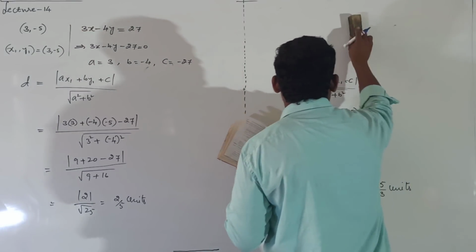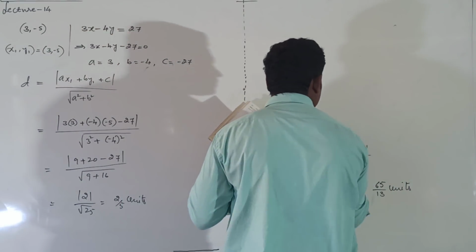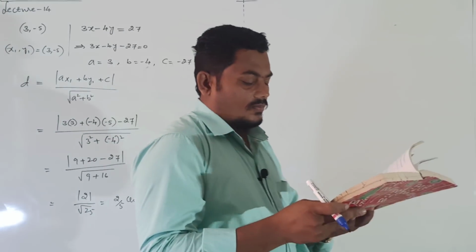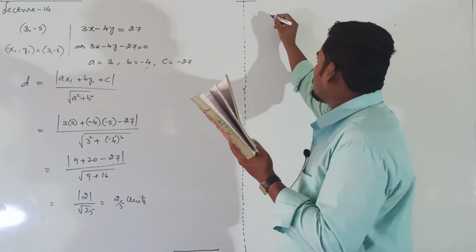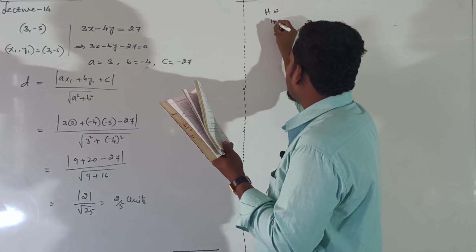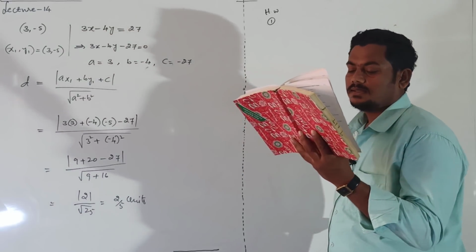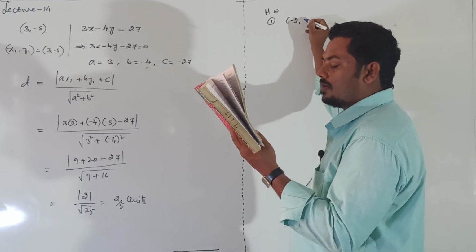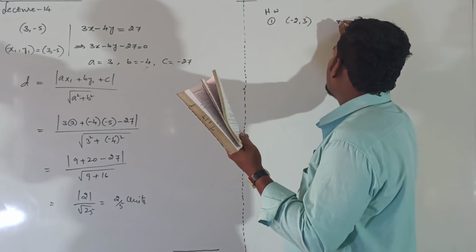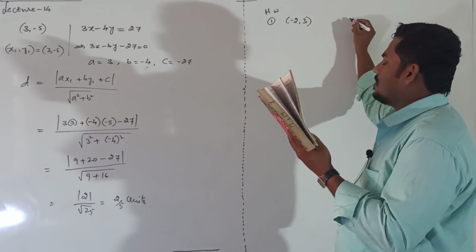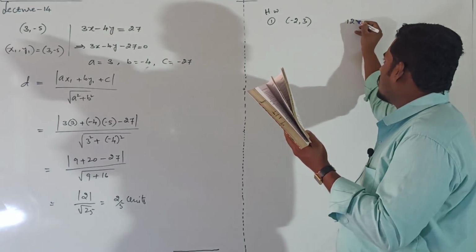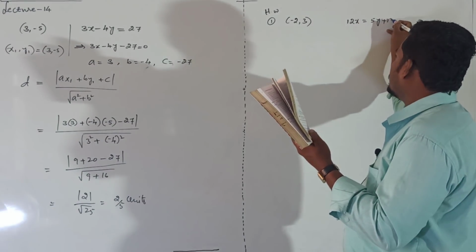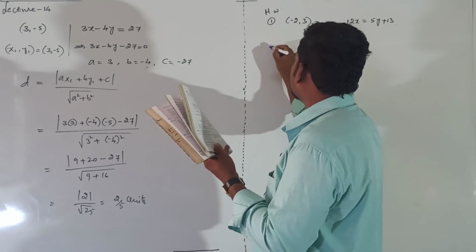Take a few problems for homework. Find the distance of the point (-2, 3) from the line 12x = 5y + 13. First problem.